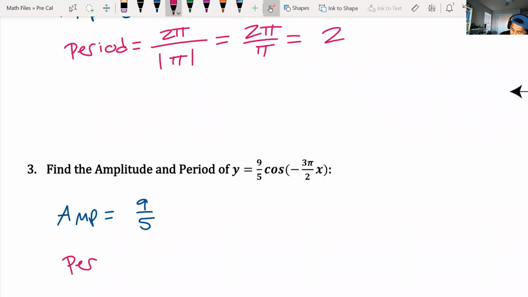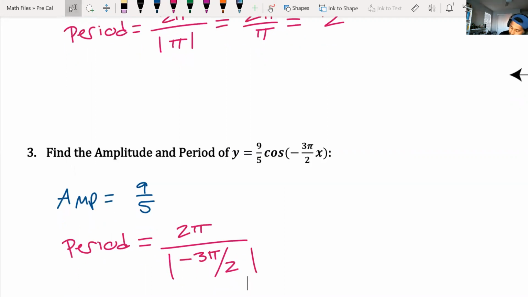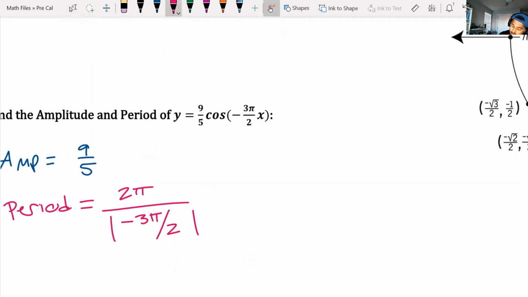What is my period? 2 pi over the absolute value of negative 3 pi over 2, which becomes 2 pi over positive 3 pi over 2, which means you'll multiply by the what? Reciprocal, so it'd be like 4/3.